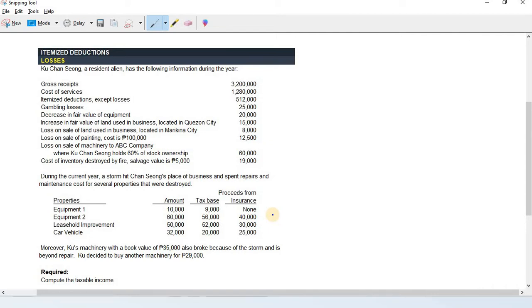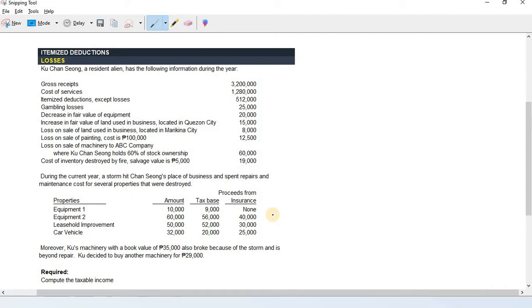Then loss on sale of machinery to ABC Company, where Ku Chan Song holds 60% of stock ownership. So that is 60,000 pesos, and cost of inventory destroyed by fire, which has a salvage value of 5,000 pesos. So the cost is 19,000 pesos.